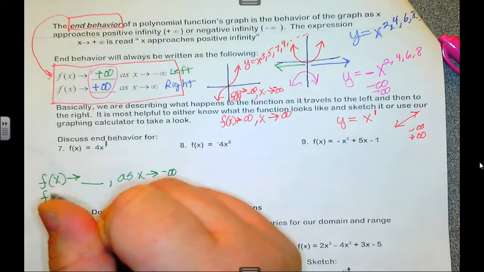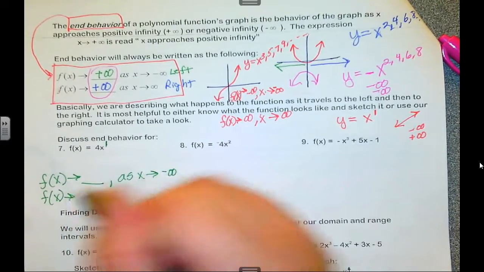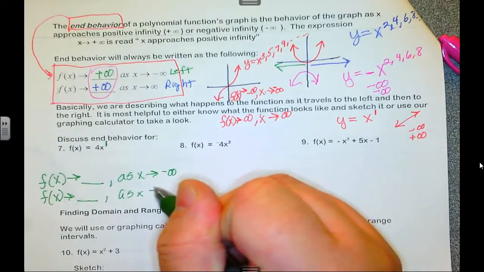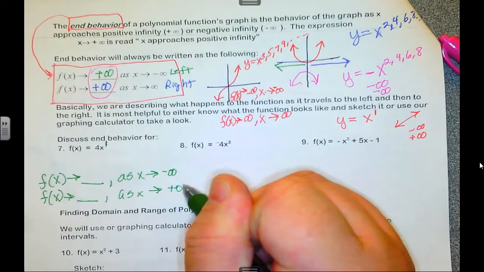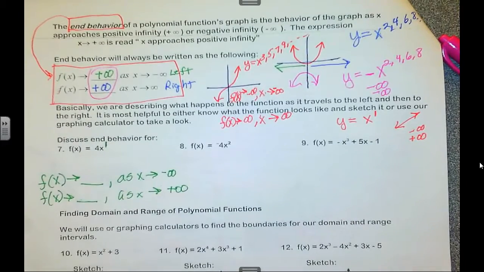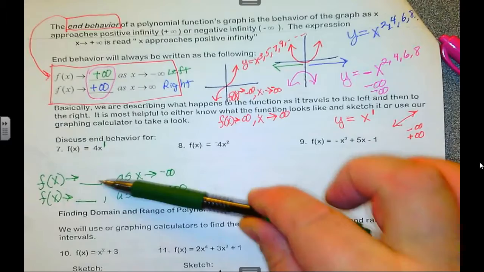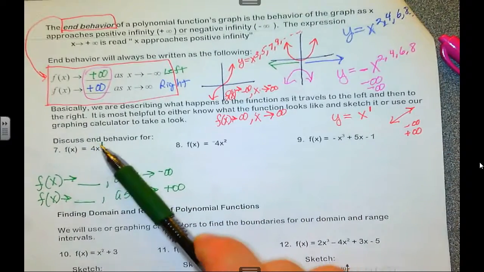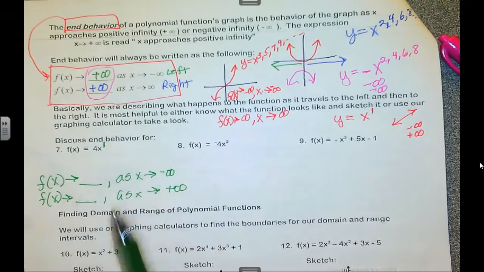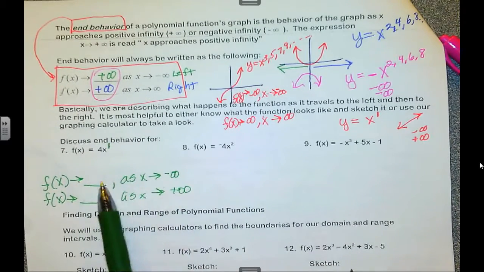What happens to y? Y approaches blank as x goes to the right. So whenever you see end behavior, you automatically write that down. All you have to fill out are the 2 blanks. Well, this is an odd integer, so I know that these are going to be the same.